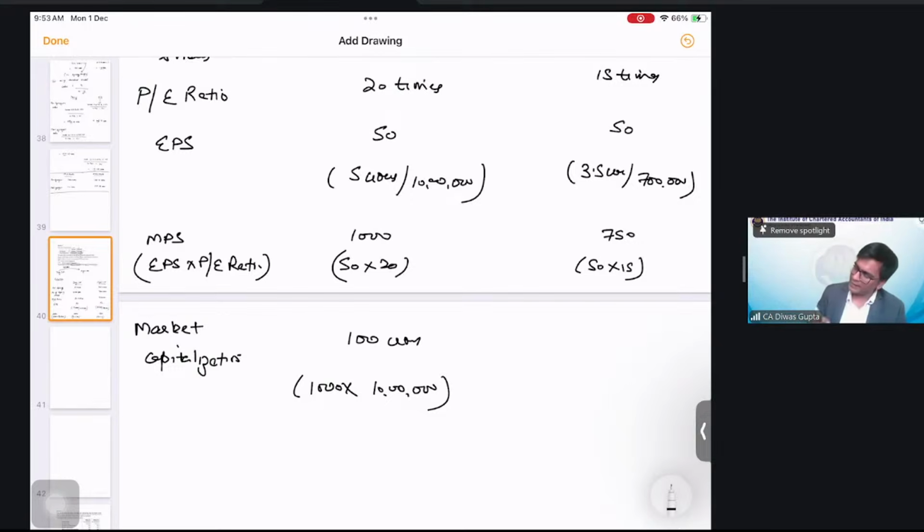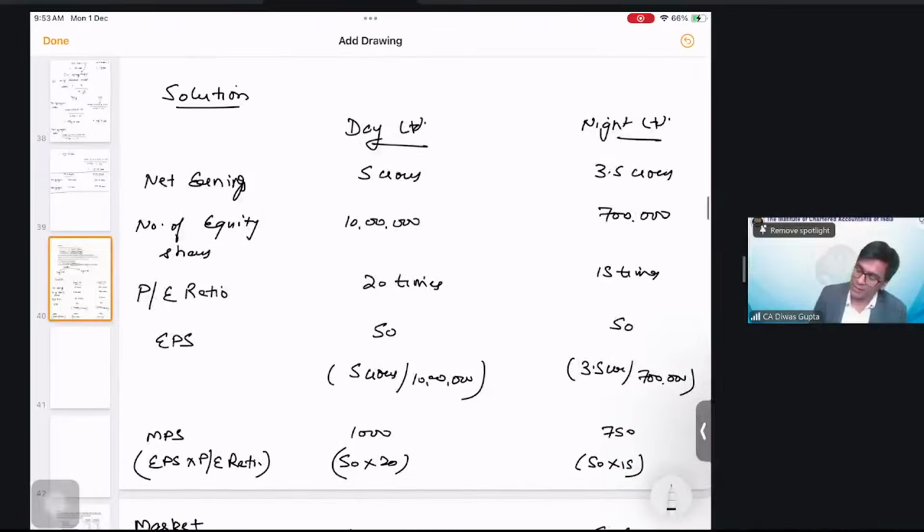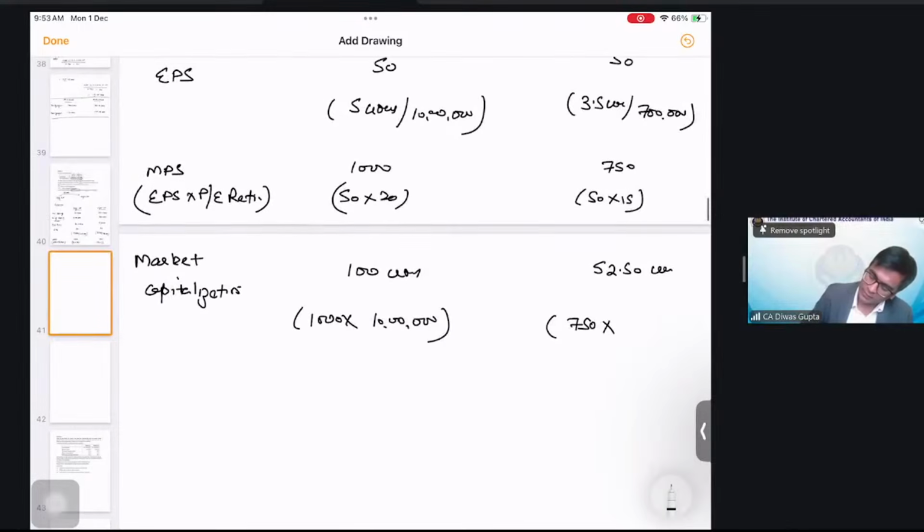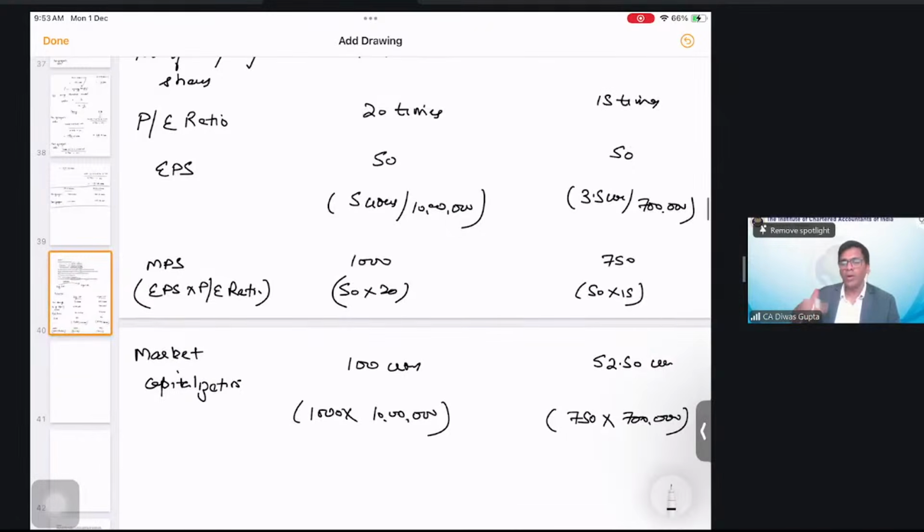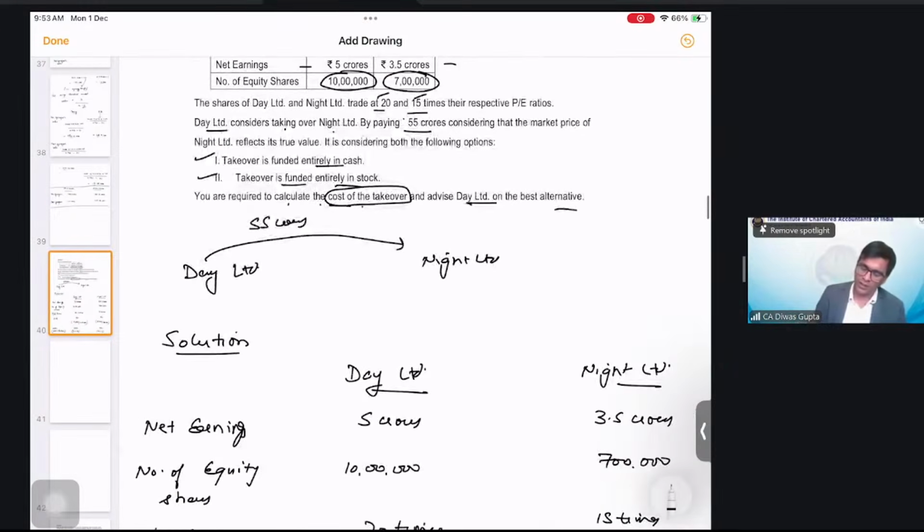And here it will be 52.50 crores, which is basically 750, the market price per share, multiplied by 7 lakhs number of shares. Okay. Now let's jump to what is being given in the question.